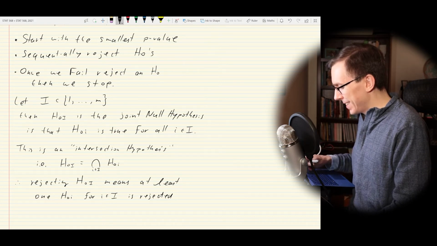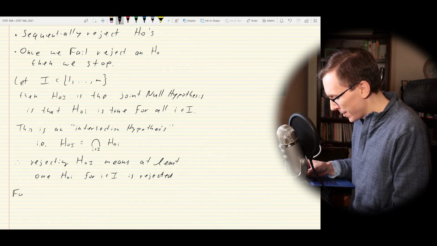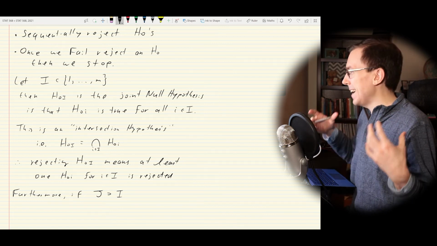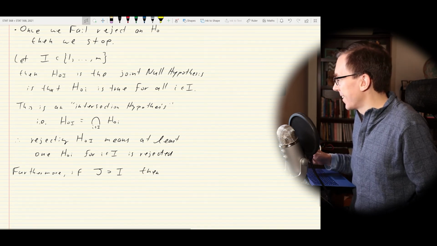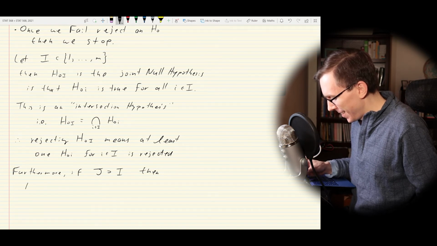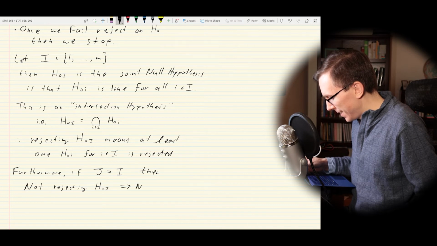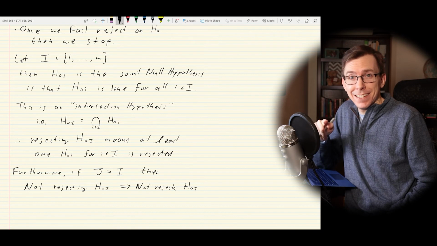And because we just love subsets and sets, I'll say furthermore, if J contains I, so J is another index set that contains the index set I, then, make sure I get all the logical pieces here, not rejecting H naught J implies not rejecting H naught I. Does that make sense?